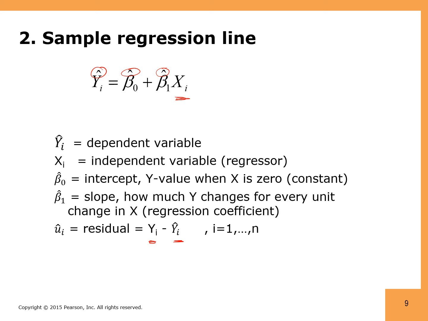Oftentimes this residual is something that we forgot to include in the regression line, something that explains yi that we forgot to include, or sometimes it could be some measurement error that we couldn't have predicted.